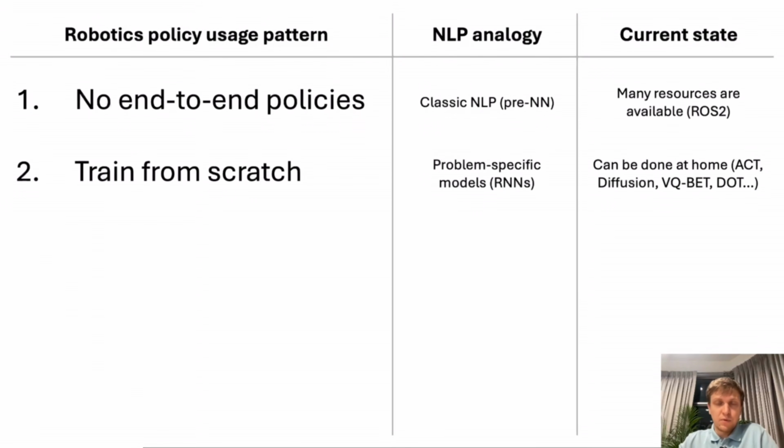This is the type of problem that I cover in my other videos about SO-ARM and about LeKiwi. Also, you can be flexible here, and you can experiment with your own models. For example, I developed this dot policy like this. So the idea is simple. Again, you collect a data set, and then you train some model end to end to solve the particular problem from this data set.